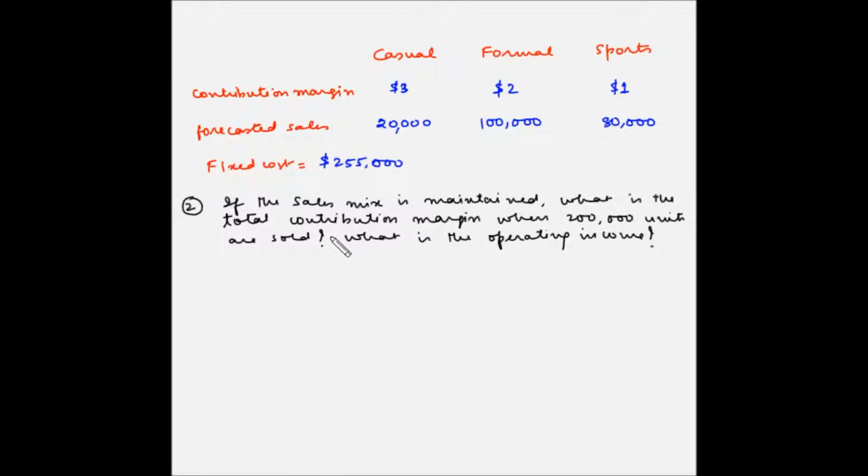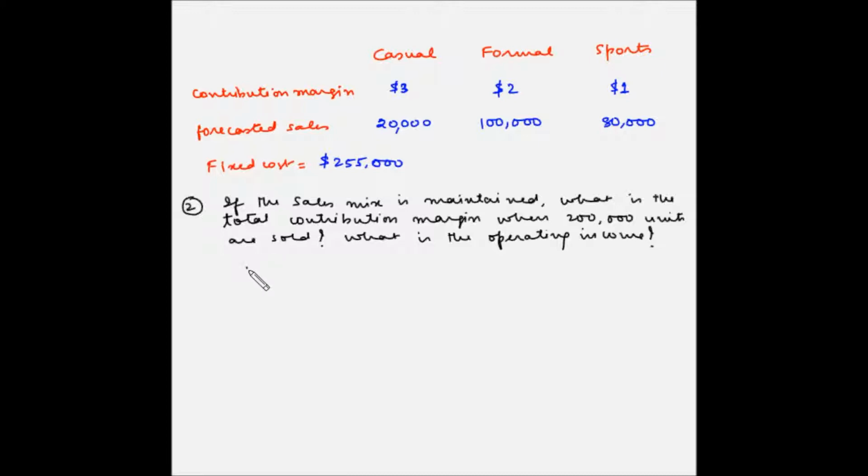So let's first find out the total contribution margin. In this example, we have been given the contribution margin per piece or per unit of casual, formal and sports shoes. And we have also been given the number of units of sales for each of the shoe types when the total sales is 200,000 units.